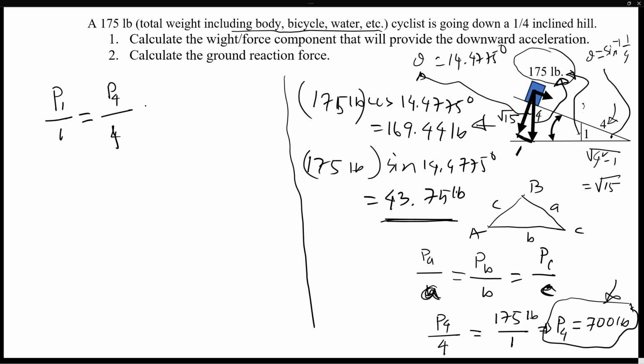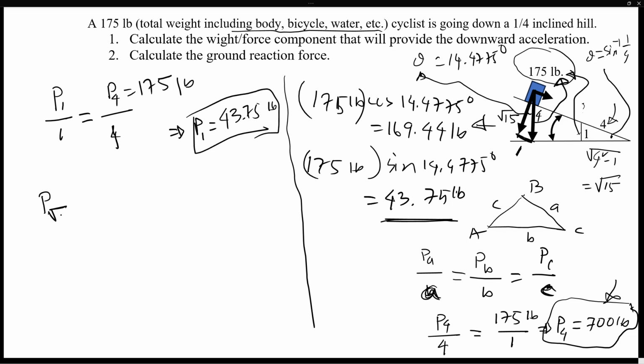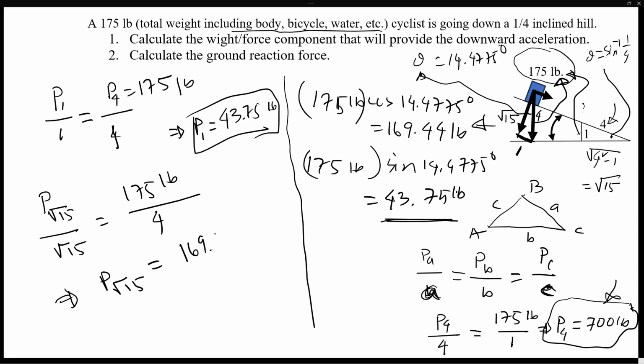That is the one given, 175 pounds. So now you can calculate P1, which will provide the downward force, that will be 43.75 pounds. You can calculate similarly the ground reaction by writing the force associated with the side square root of 15, and again 175 pounds is associated with side 4 of the triangle. If you calculate it correctly, this is what I got.